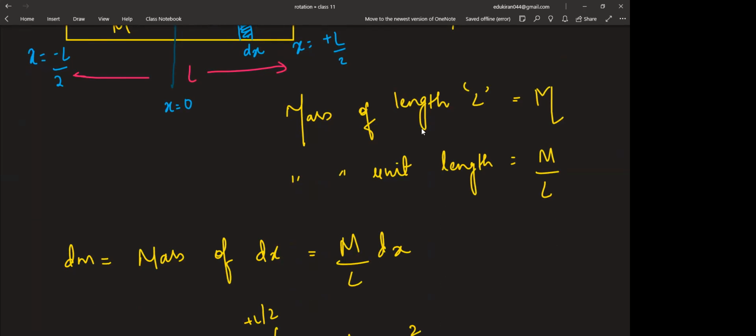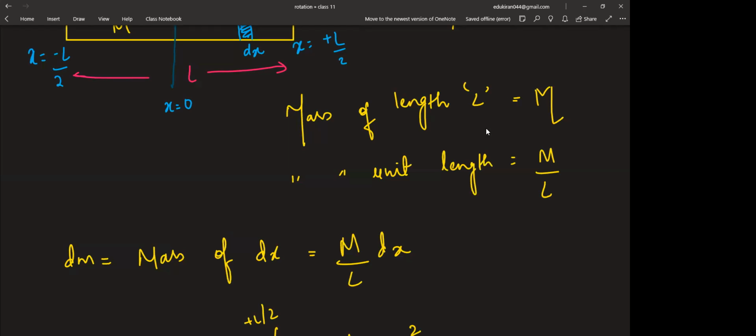Let's just take this example. Suppose the mass of a rod whose length is 2 meters is 10 kg.